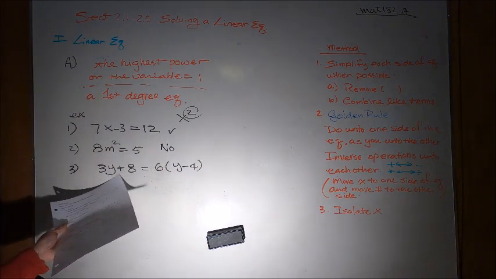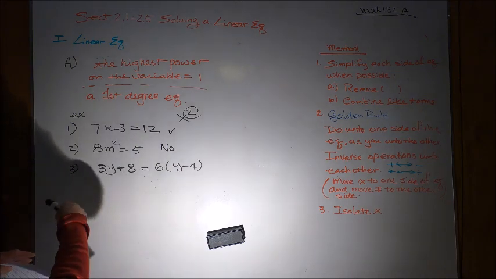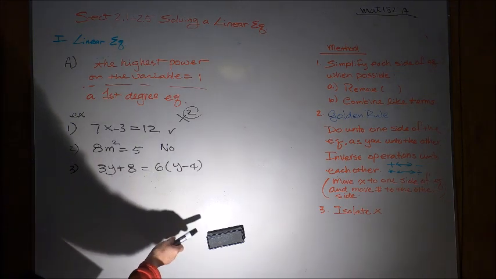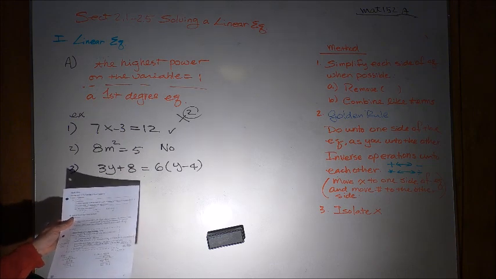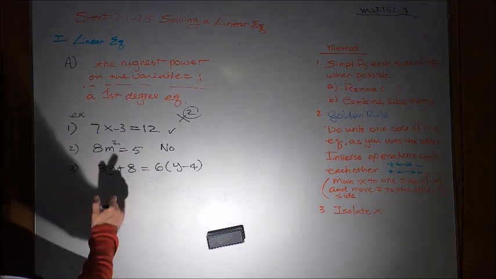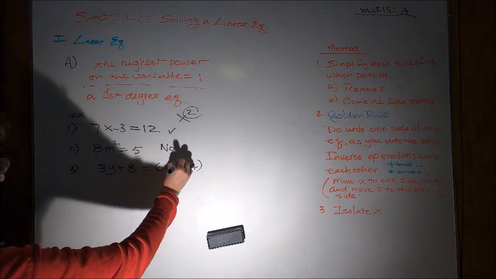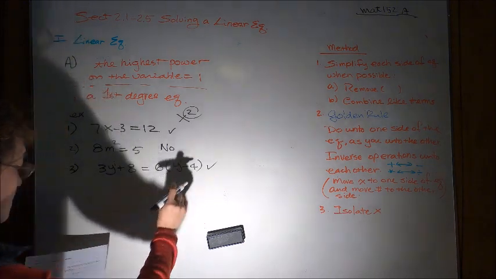It's not in simplest form because you have parentheses and a bunch of y's and numbers everywhere. But we will call it a linear equation, yes, because the power on the variable is 1.